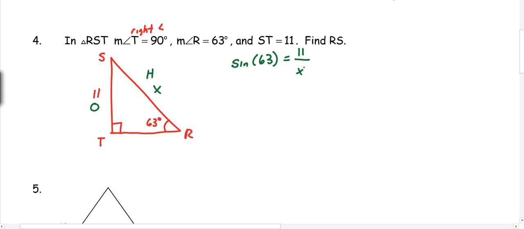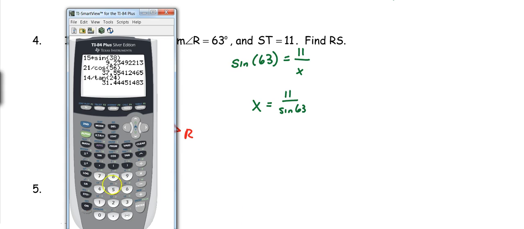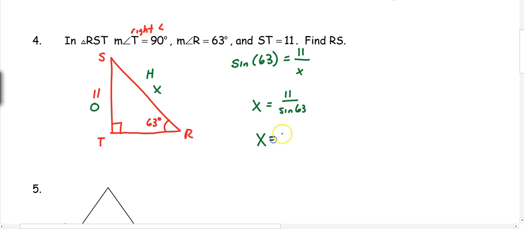So again, my variable is in the denominator, so it's going to switch with our trig function. x equals 11 divided by the sine of 63. So in my calculator, 11 divided by the sine of 63. And we get that x is equal to 12.3.